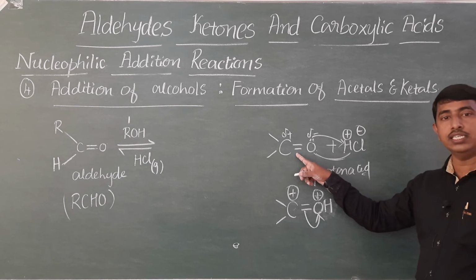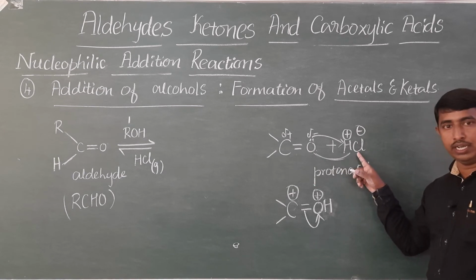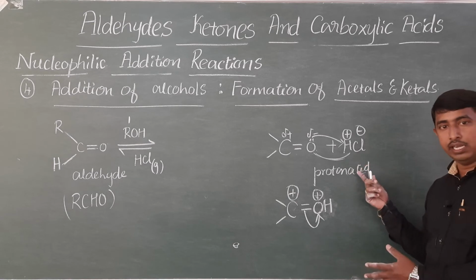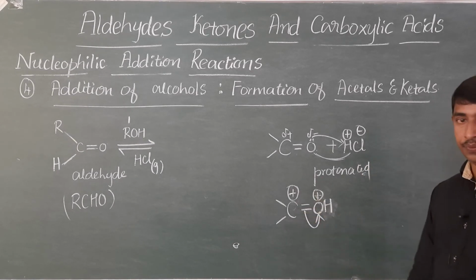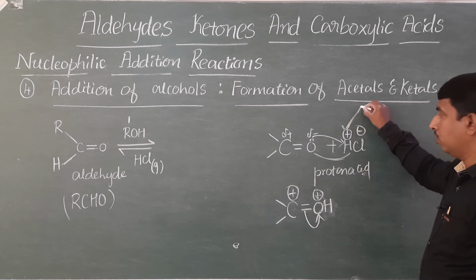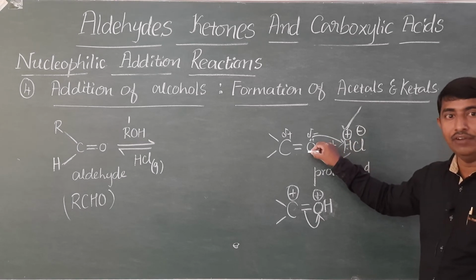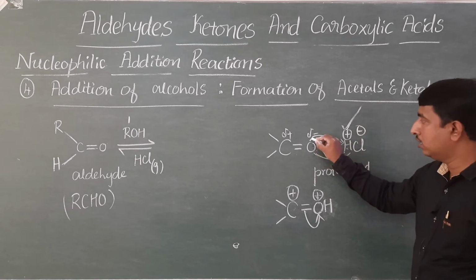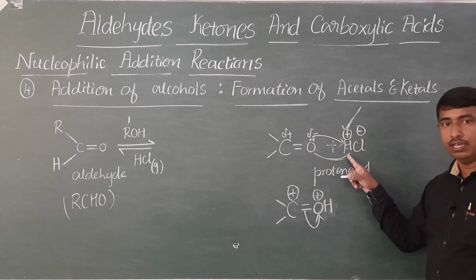See here, this is aldehyde or ketone. We are adding dry hydrogen chloride gas. What is the role of hydrogen chloride gas in this reaction? Hydrogen chloride gas contains a proton. This proton gets added to oxygen. Oxygen donates its lone pair of electrons in order to accept H plus.